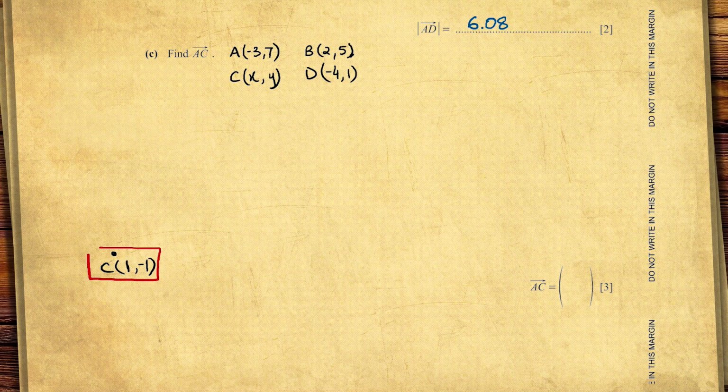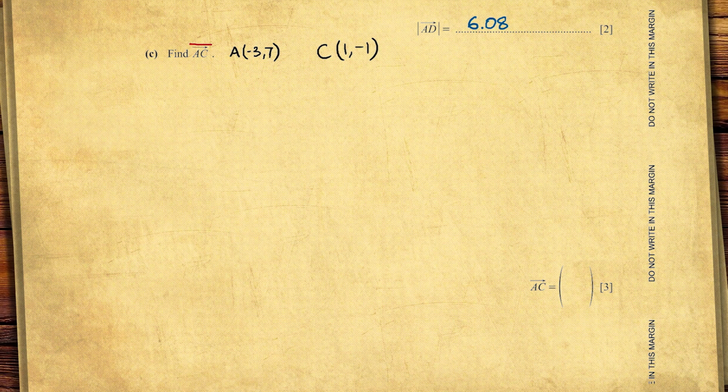Now we have the coordinates of point C and we have the coordinates of point A, so we can find the vector AC. The vector AC will have an x value and a y value, and we need these values. So the x coordinate of point A is -3 and the x coordinate of point C is 1. So if we draw the x-axis, the x coordinate of point A is over here at -3 and the x coordinate of point C is over here at 1.